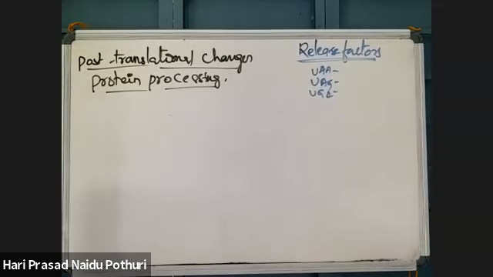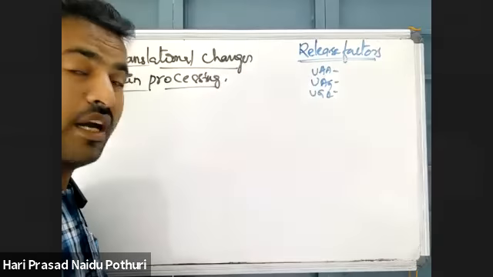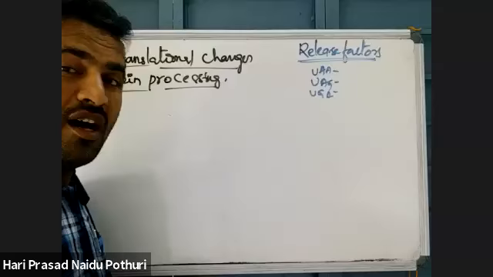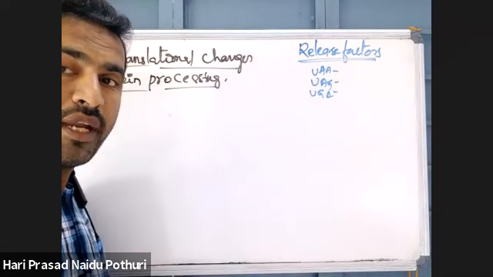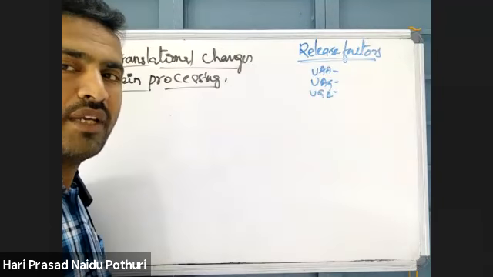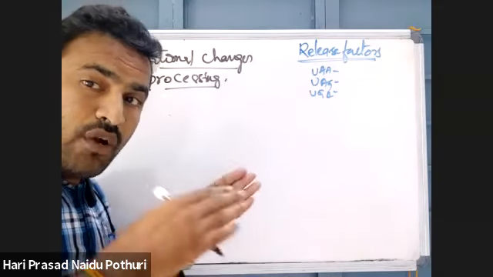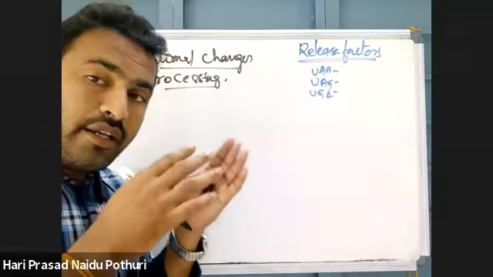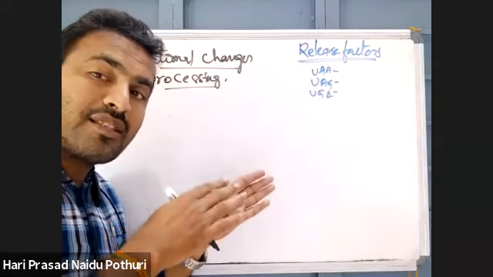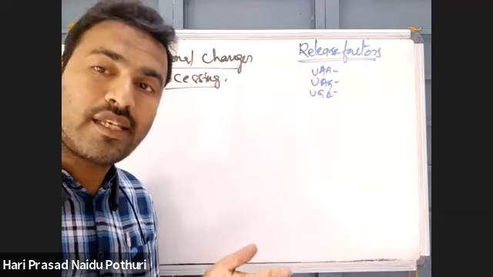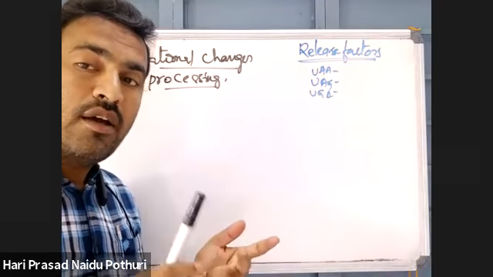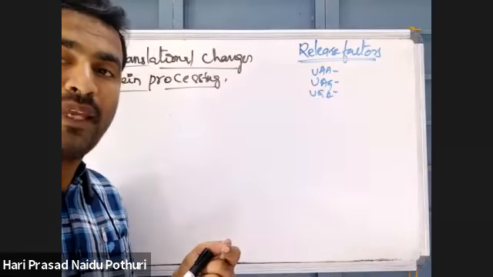Post-transcriptional changes means the RNA molecules made from the transcription process by RNA polymerase are not readily involved in translation. To be involved in translation, they undergo some changes like splicing, poly-A tailing, and 5-methylguanosine capping.